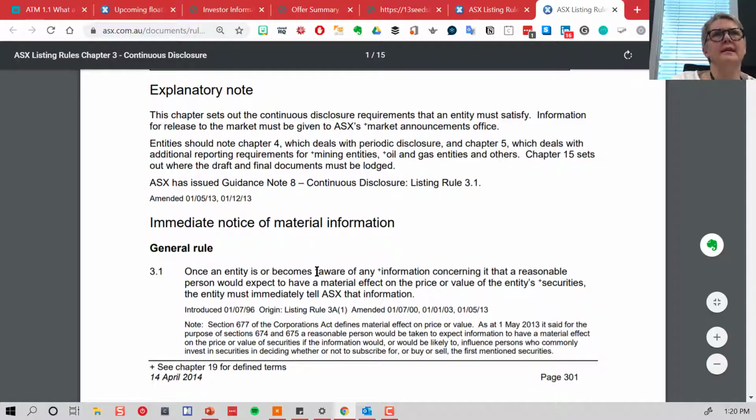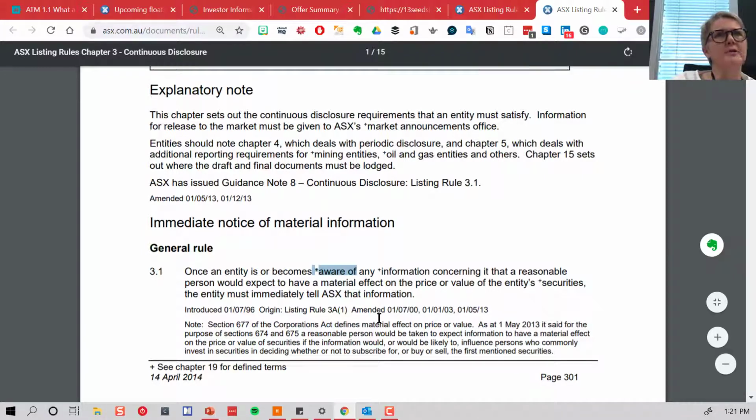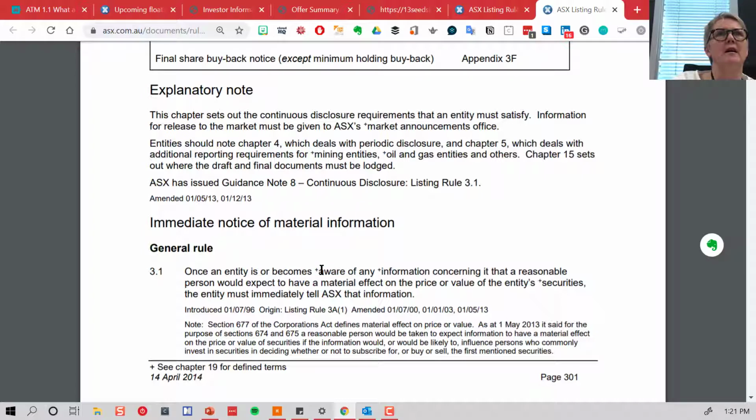It's a little bit different from the way legislation works, in that they've got this convention that if a term is defined in the rules, it will have a little plus sign sitting next to it, which points out that it's a defined term. So the terms aware and information are clearly defined in this document.